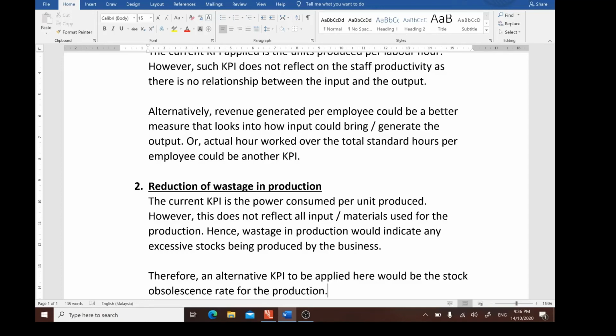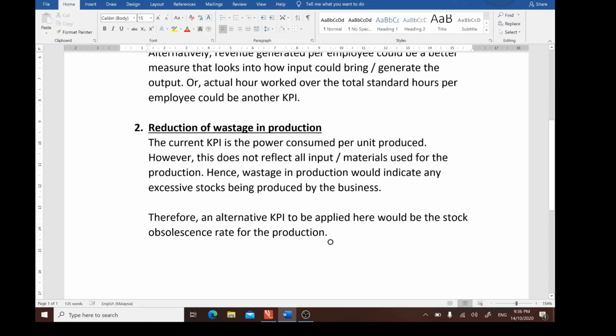Can you see that? When we talk about the stock obsolescence rate for production, again, we're talking about stock unable to be sold by the business or to meet the demand, which means they have produced too much, or too excessive in a way.